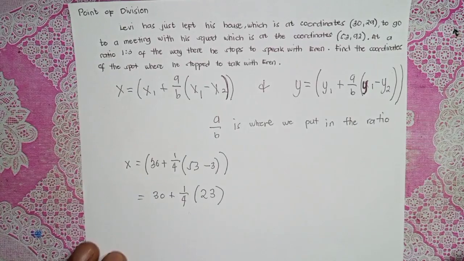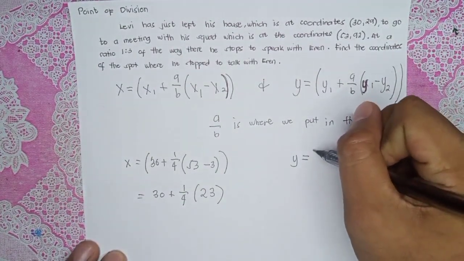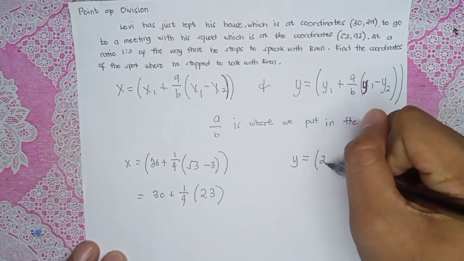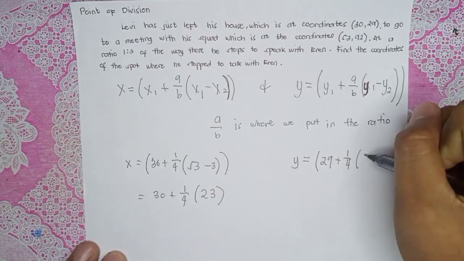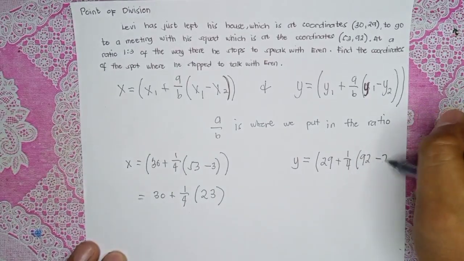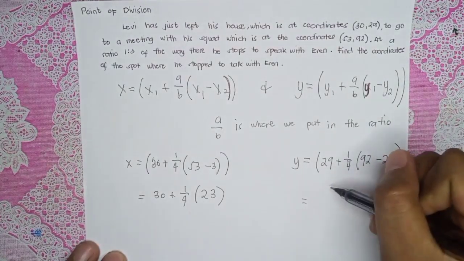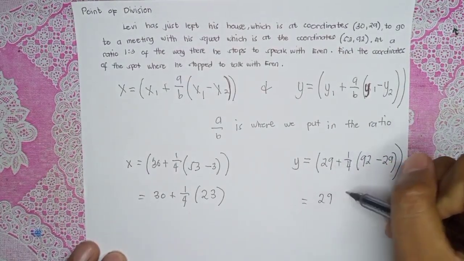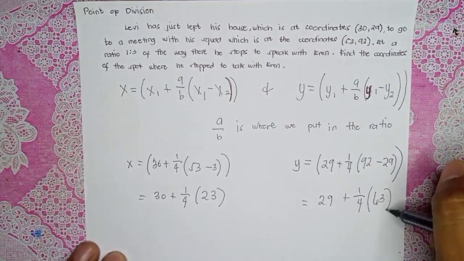So going to y is equal to 29 plus 1 over 4 and 92 minus 29. Then it will be equal to 29 plus 1/4 over 63.